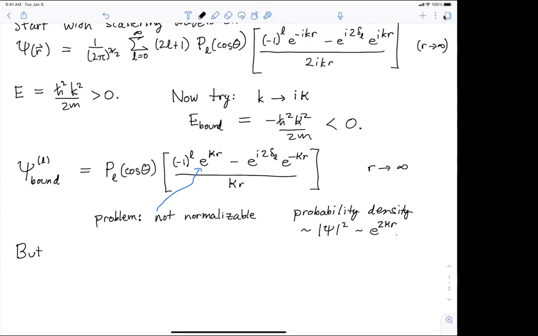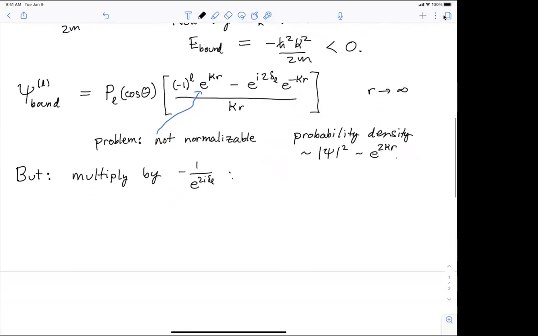But what happens if we multiply this thing by a factor of minus 1 over e^(2iδ_L)? Let's just see what happens. So that looks like just a normalization factor that we could absorb into the other normalization factors. And so now this thing is going to be our Legendre polynomial.